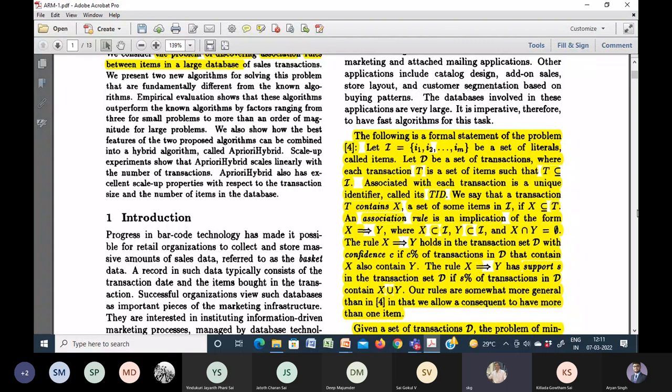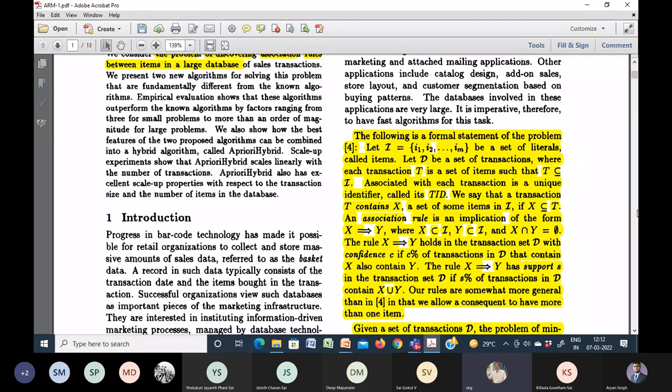Let D be a set of transactions, where each transaction T is a set of items such that T is a subset of I. Every transaction takes a subset of this item set I as its literals.